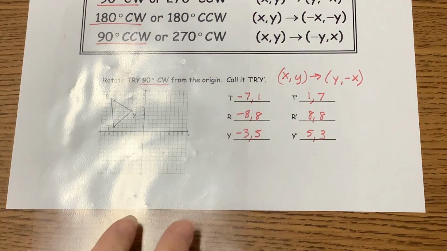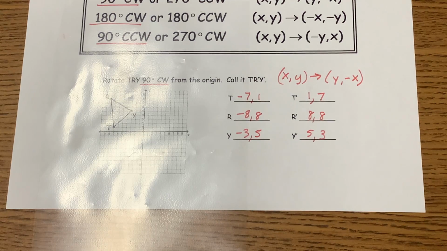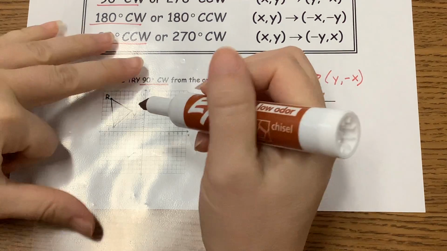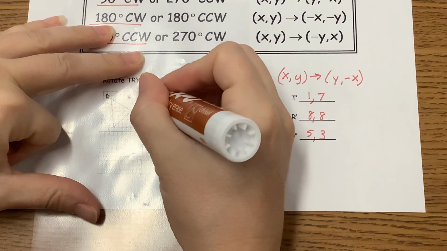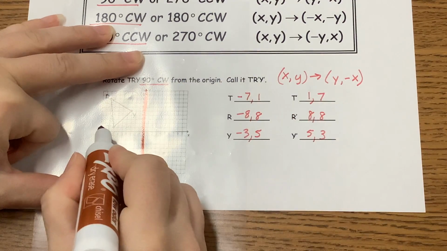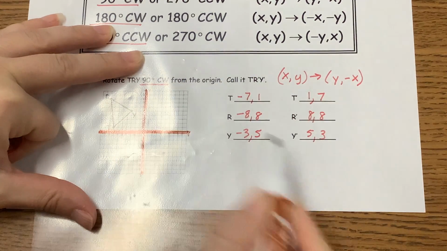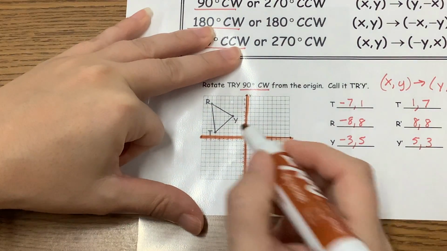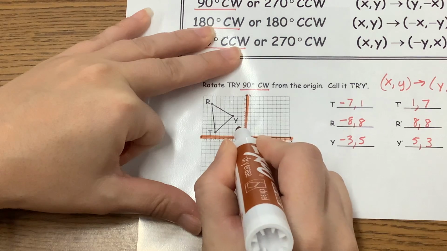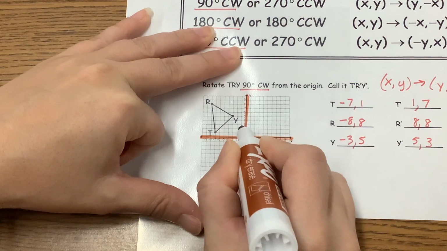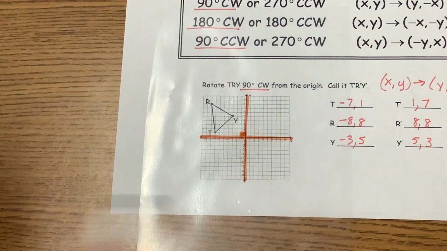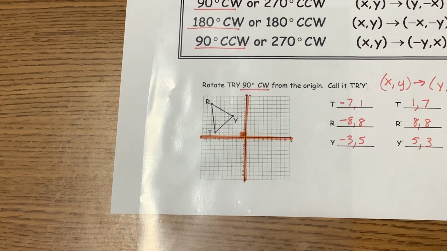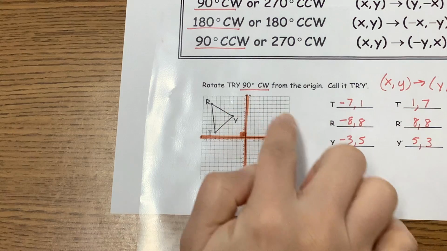I'm going to use a transparency to kind of show you a 90-degree clockwise rotation. You can trace the x and y axis. I'm going to mark this first block here to represent 90 degrees. We know that a right angle is 90 degrees, and it's represented with that little box there. And if I go clockwise, that's to the right.